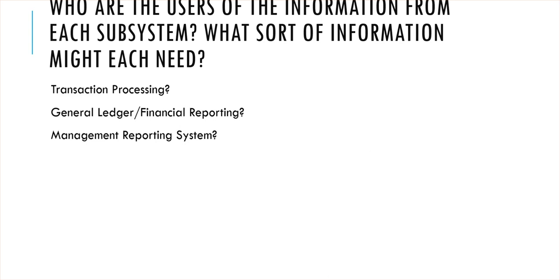A management reporting system, what's it going to do? What sort of information might you need for that? In management reporting systems, that tends to be information that tends to classify, but we have to be careful here, because think of a manufacturing company, a manufacturing plant. You could have a controller of a particular manufacturing plant.